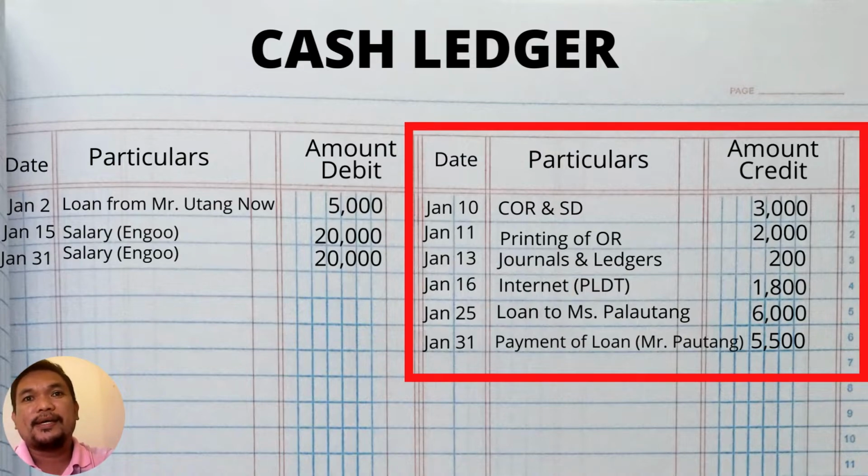And on the 25th of January, you released a loan to Miss Palautang. So that's for 6,000. So, lumabas ang pera. And then January 31st, nagbayad ka ng loan mo to Mr. Pautang Now. That's 5,000 pesos.